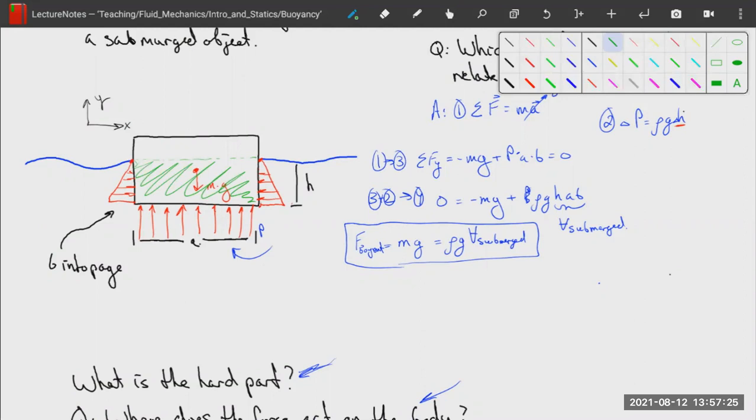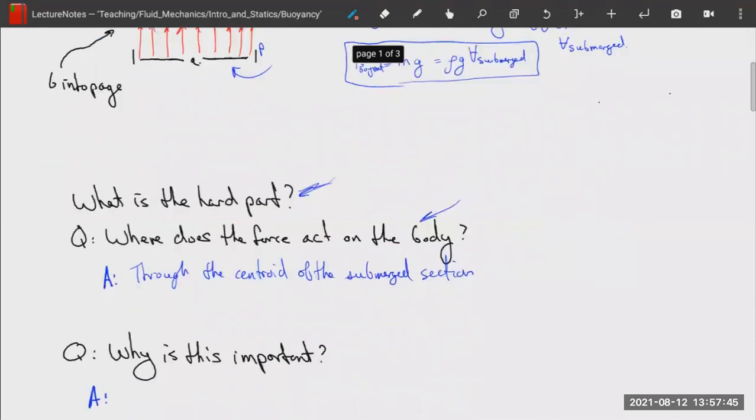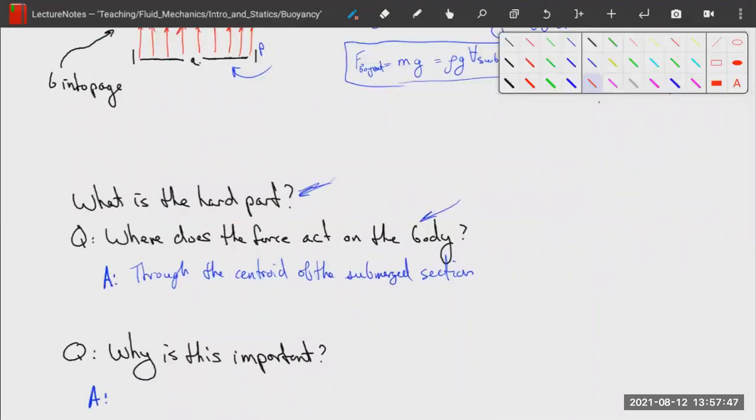And the centroid of that green section is going to be right here. So that's where the buoyant force acts, and the buoyant force acts up from that point. It gets obviously much more complicated when you have non-rectangular shapes.